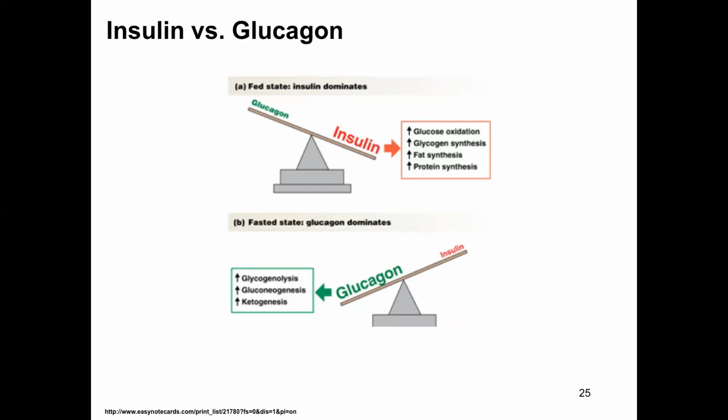So, for example, if you have high blood sugar, insulin is going to dominate, and you're going to take up that sugar and start storing it. You're going to convert it to our energy storage molecules, so glycogen and fat, and you're going to make proteins.